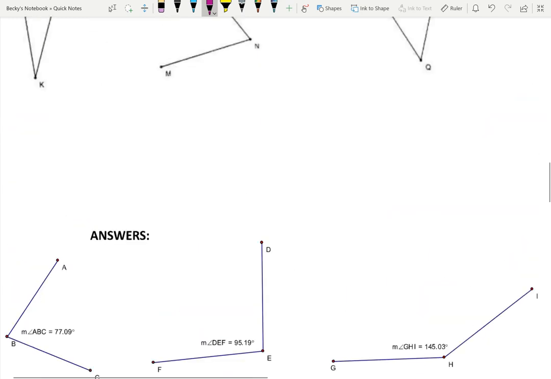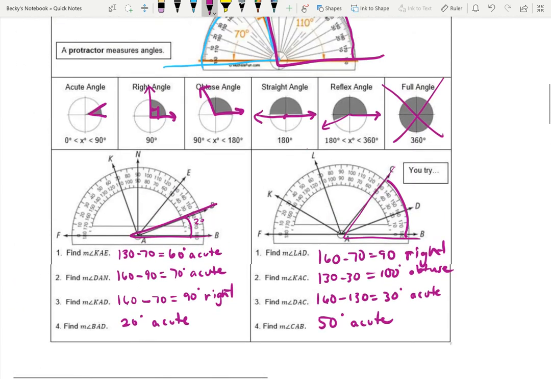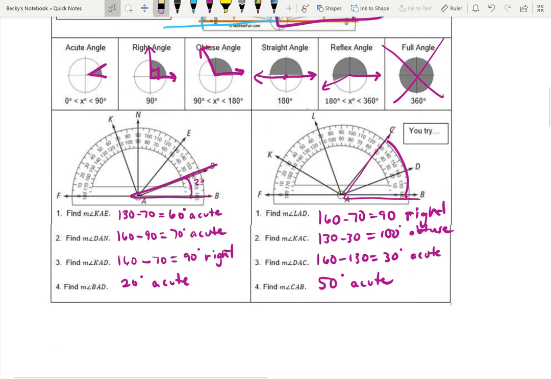Now, one thing I want to mention is that when you are measuring, I think I forgot to tell you that these two numbers, like the 10, always add up to 180 with the number below it. So your answer could be off quite a bit.